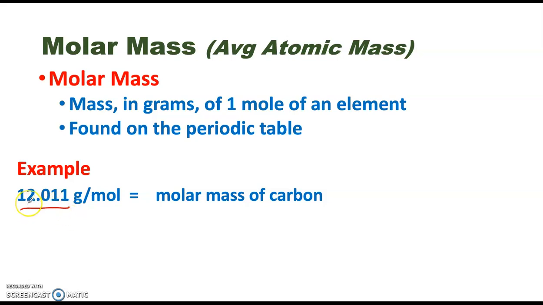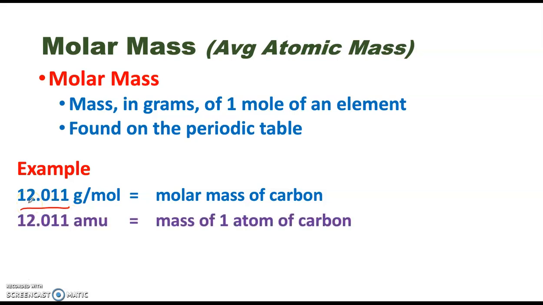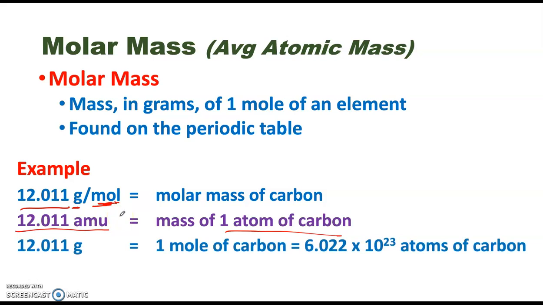Now what this means is that one atom of carbon has a mass of 12.011 AMU, or 1 mole of carbon has that same mass in grams. If you had a mole of carbon, it would have that mass in grams. So 1 mole of carbon, if you have this many atoms, will weigh this many grams. So that's why we say grams per mole. There's this many grams in 1 mole.